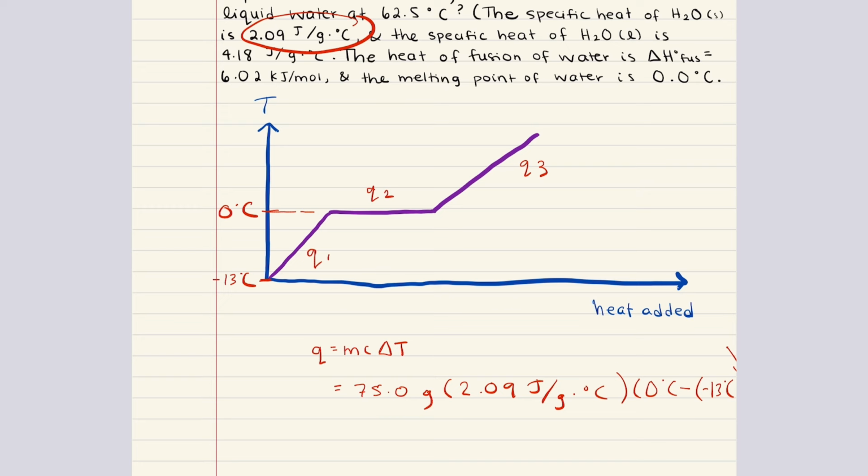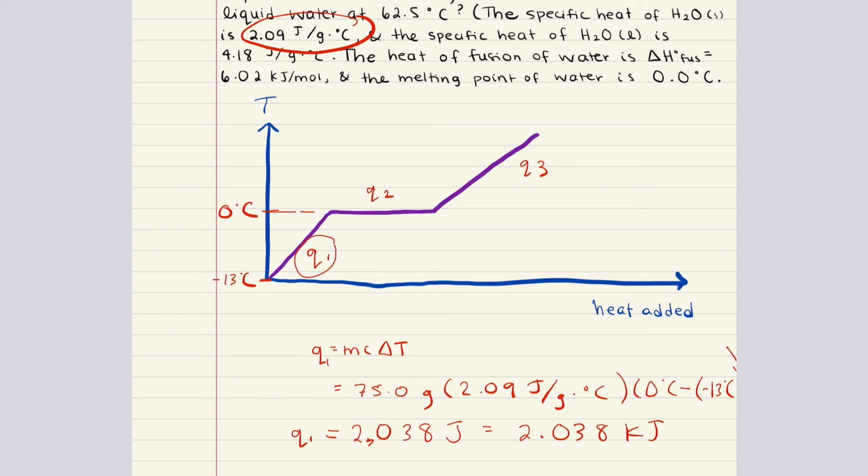Plug this into a calculator, and what we're going to get for Q1 is 2,038 joules. Or if you wanted to write this in kilojoules, it would be 2.038 kilojoules. So that is the heat for our first segment, where we heat up our ice up until the melting point.